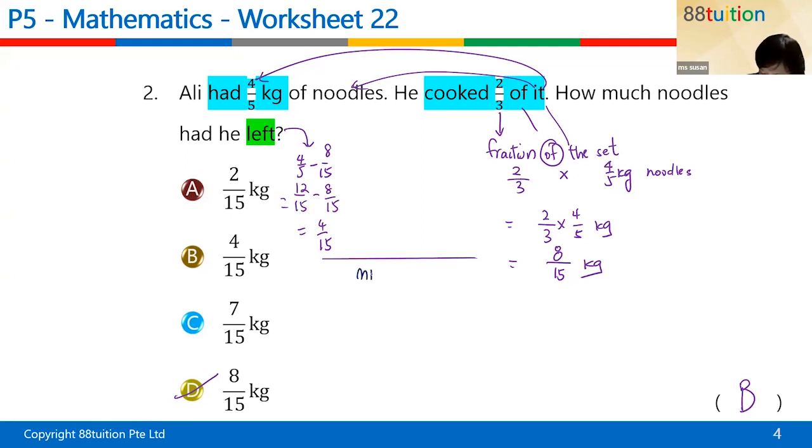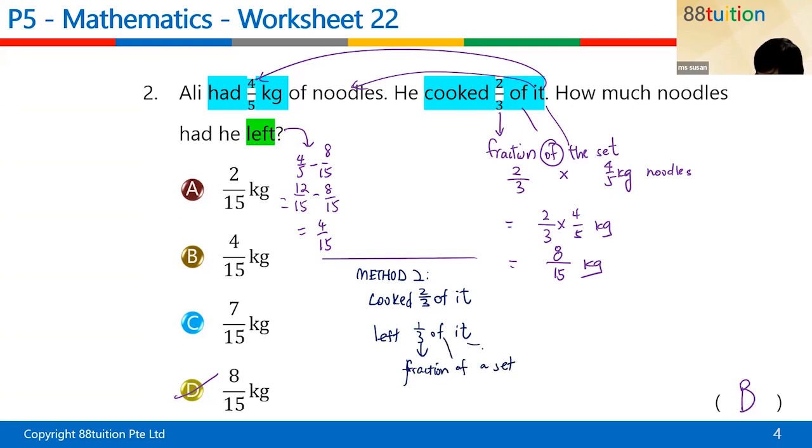Now I want to show you a second method, which also works. Method number 2. Look here. Fraction of a set. 2/3 of it means when I left, it must have left 1/3 of it. Right? So this is also called fraction of a set.